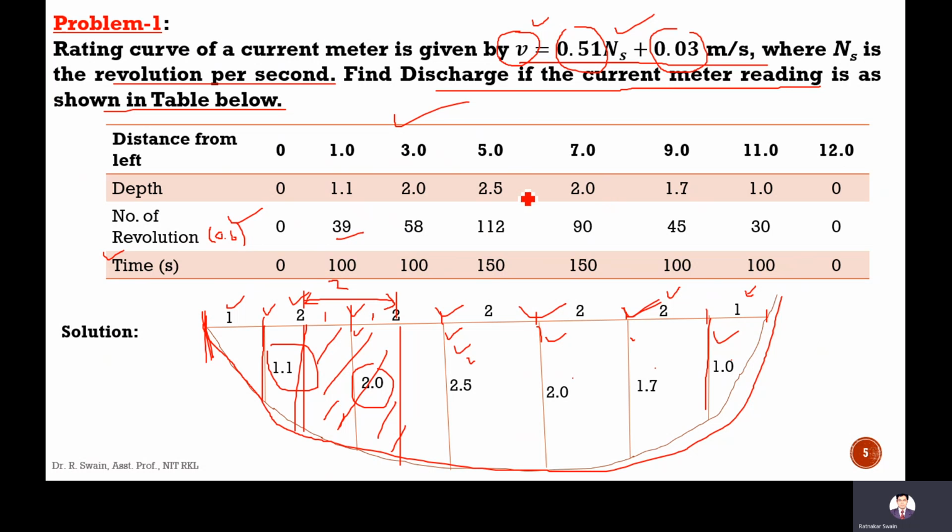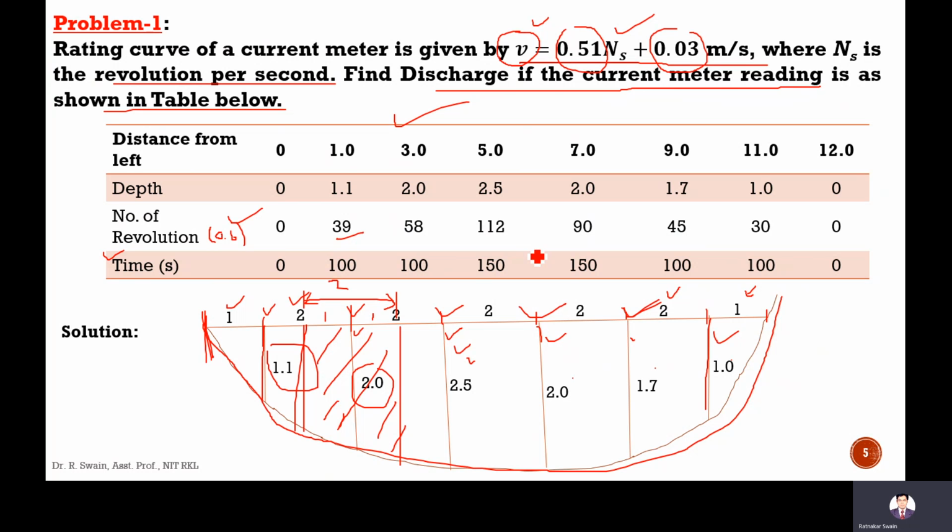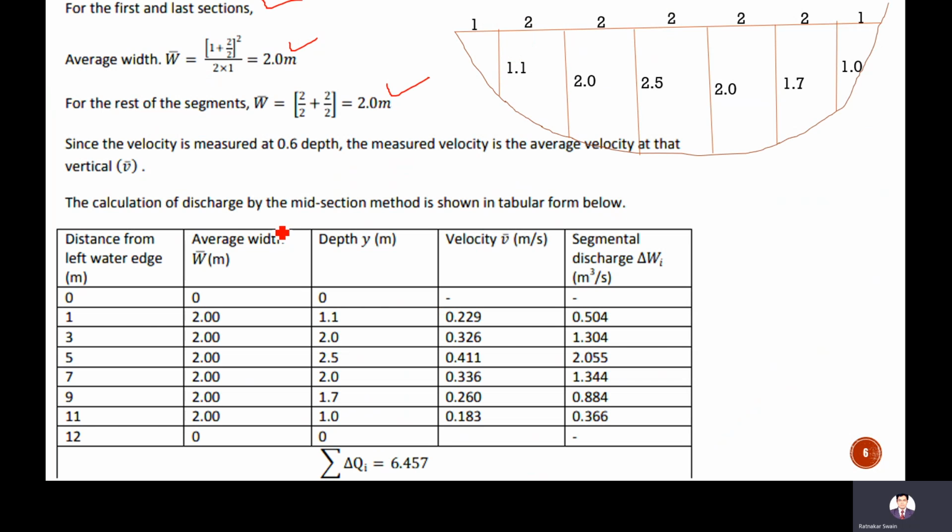If the depth is more than 3 meter, then velocity must be measured at two locations: one at 0.2 depth, another at 0.8 times depth. Here the depth of all the segments is less than 3 meter, so velocity is measured at 0.6 times depth.